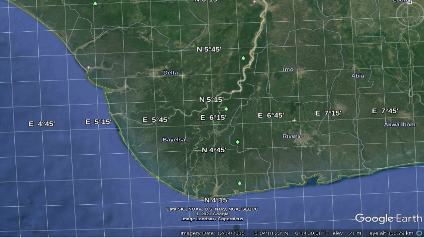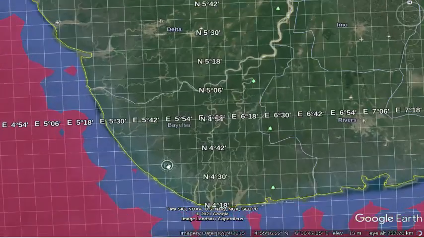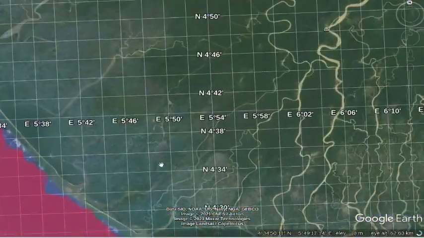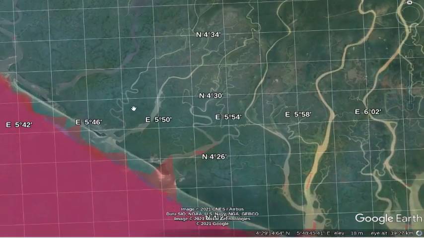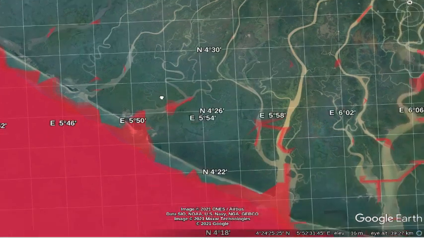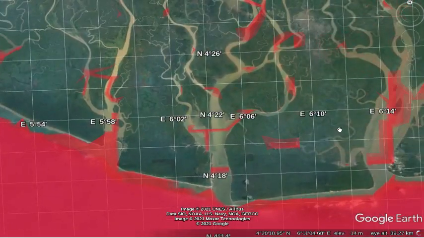And this delta is really not very far above sea level, as can be seen here by Google Earth data.